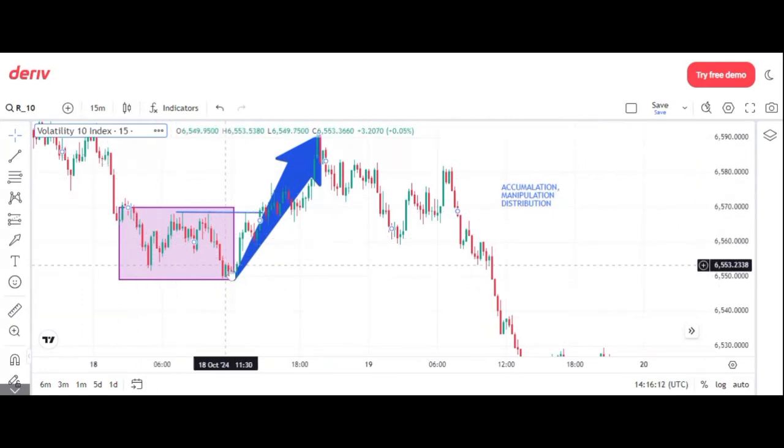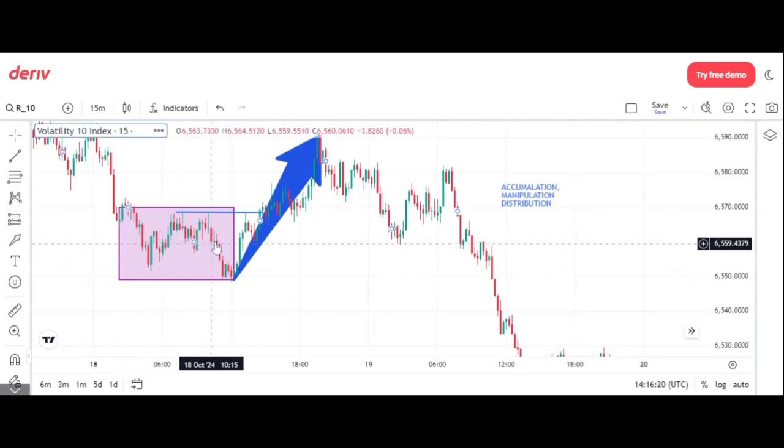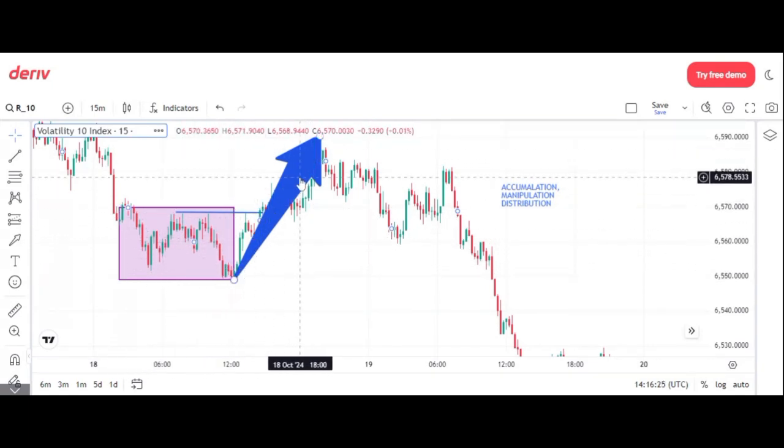So you would be on losses if you took a trade thinking that the market will now move down. And observing this, this now becomes a good area of accumulation, and this becomes the manipulation where the market has swept out most of the retail traders.